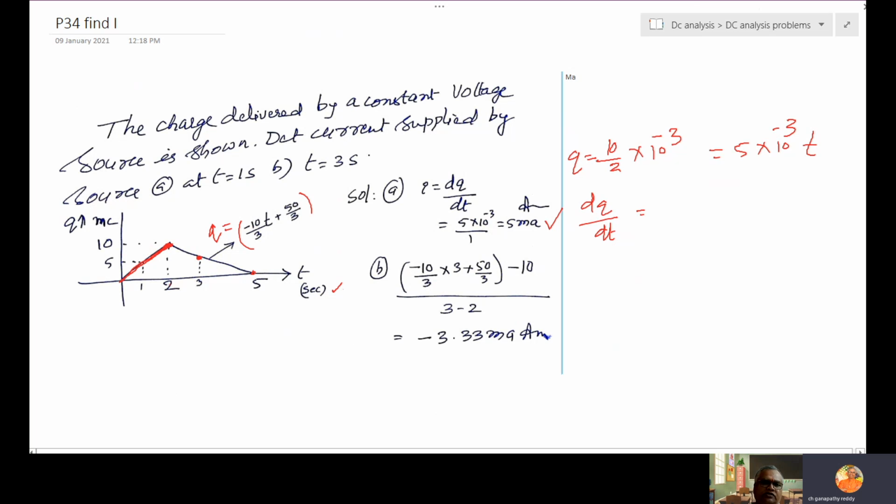But the charge at t equal to 2 is 10. We want at t equal to 3, so 3 minus 2. At 3, what is the charge? At 2, what is the charge? That is the change in Q, dq by dt. What is dt? Change in time, 3 minus 2. So simplify, you get this. Okay.